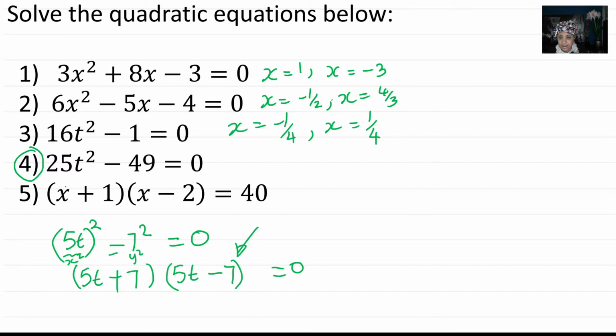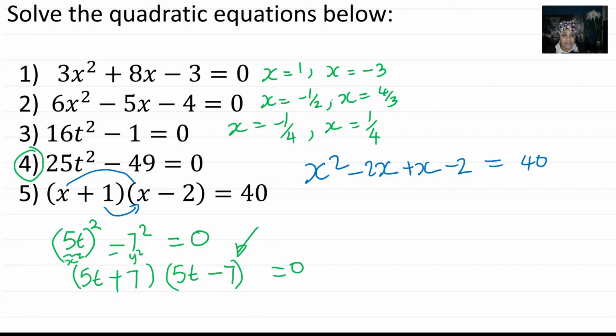So x times x, that's x squared, and then x times negative 2 is negative 2x, and then positive 1 times x, so that's going to be plus x, and then positive 1 times negative 2, that's negative 2, equals 40.